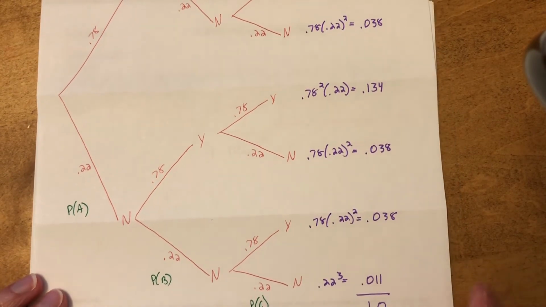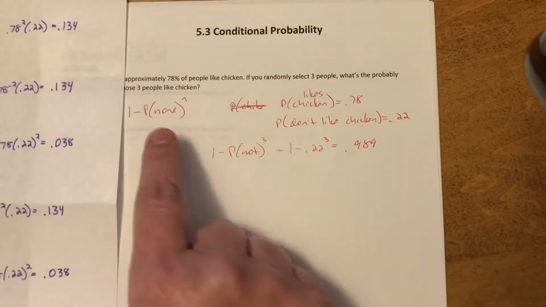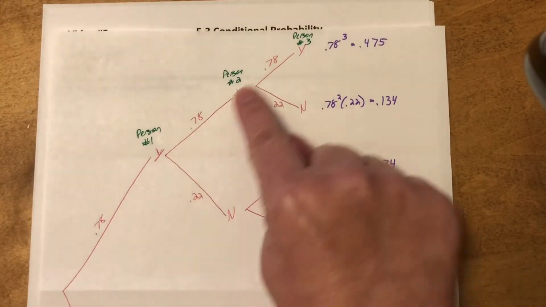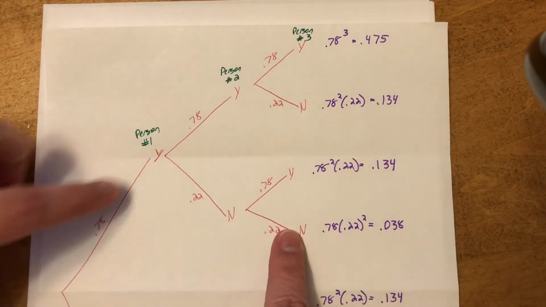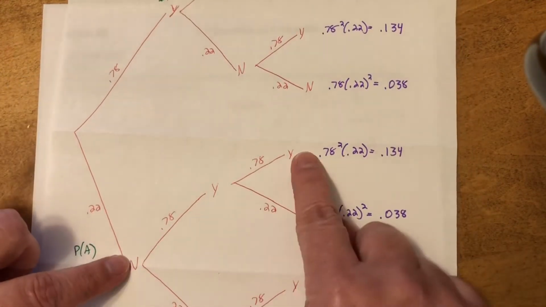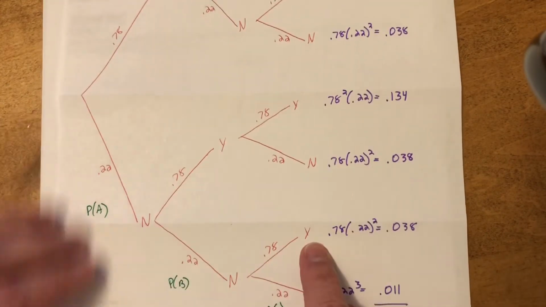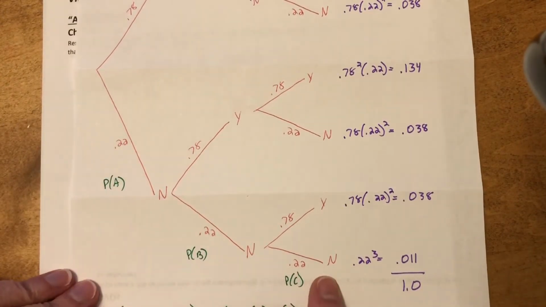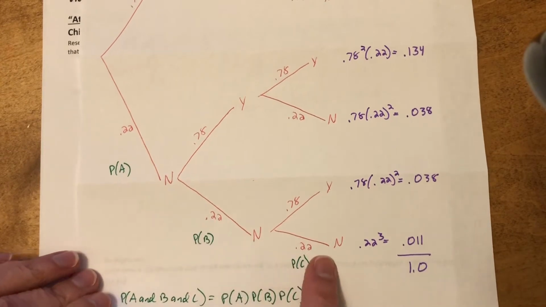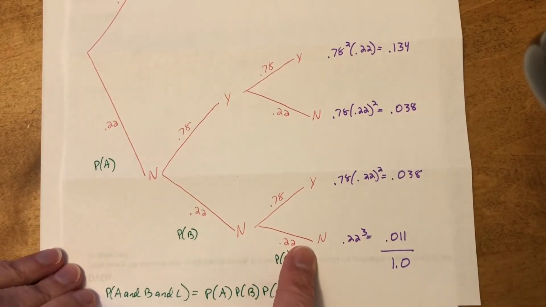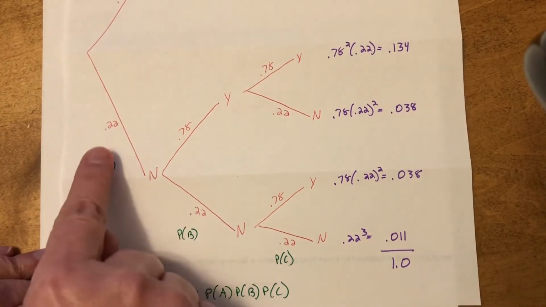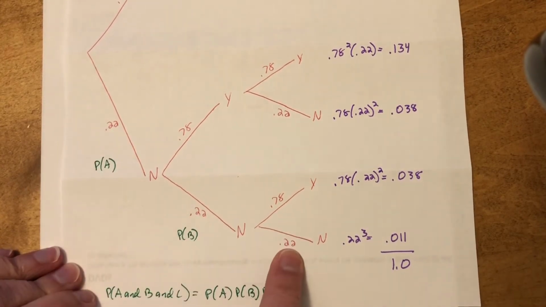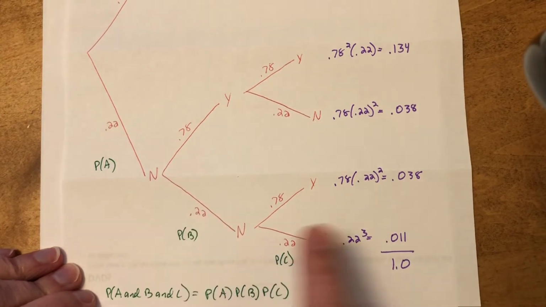So for at least 1 person liking chicken, basically every single branch has at least 1 person that likes chicken, except the last branch. In this last branch, nobody likes chicken. So this is why we do the probability of not, raised to that power. So 0.22 to the 3rd power.